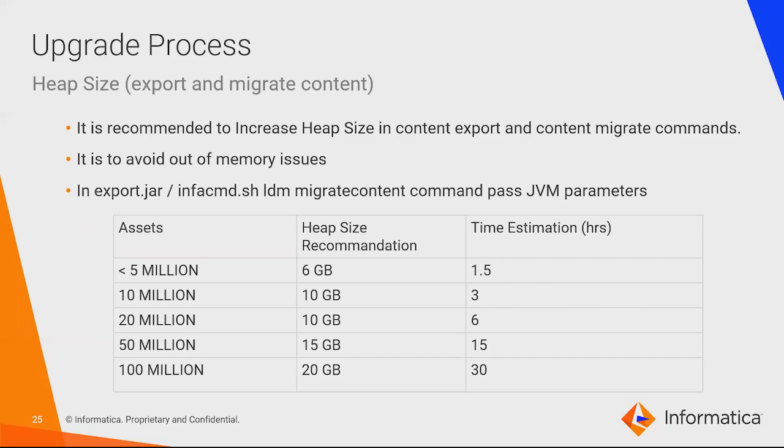So this gives you an idea of what kind of heap sizes we recommend based on the number of assets and the kind of time you can expect for the migration to take. Anything less than 5 million, you'll have less than 1.5 hours. But if you are talking about tens or even 100 million assets, that migration might obviously take quite a long time.